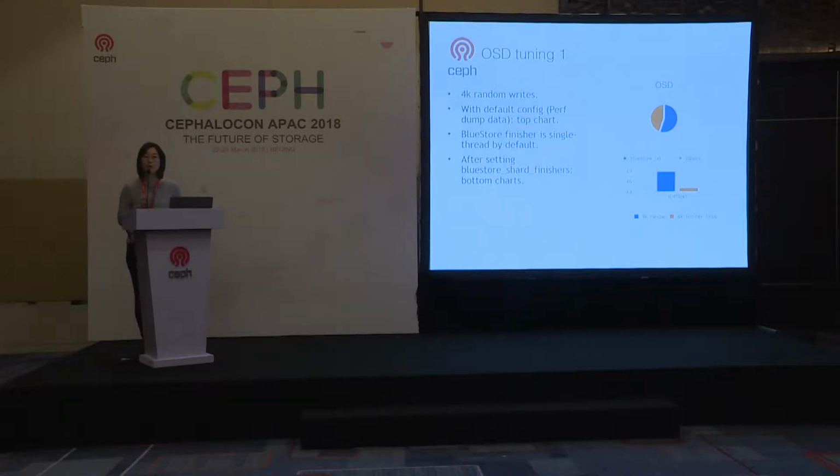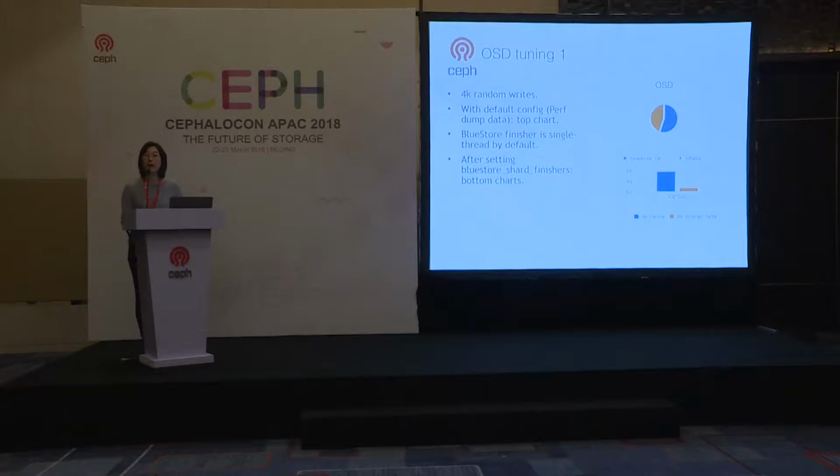That means BlueStore receives the write request and then after that it gives back to the OSD. From the pie chart you can see BlueStore is the main part, but the other parts are a lot smaller. So I checked the perf dump, and this data is from the perf dump.